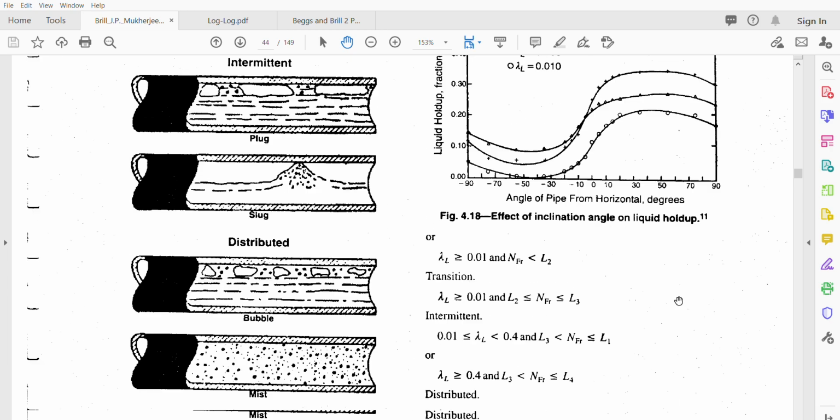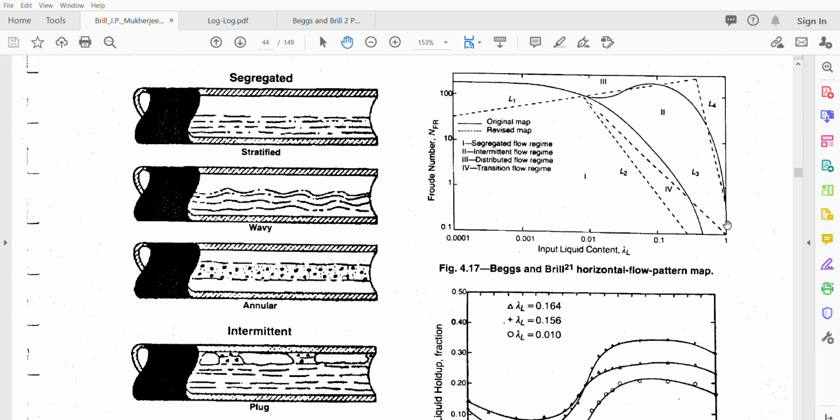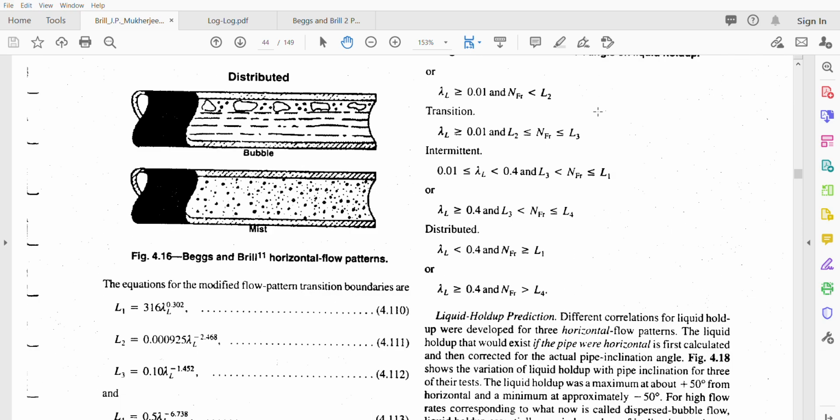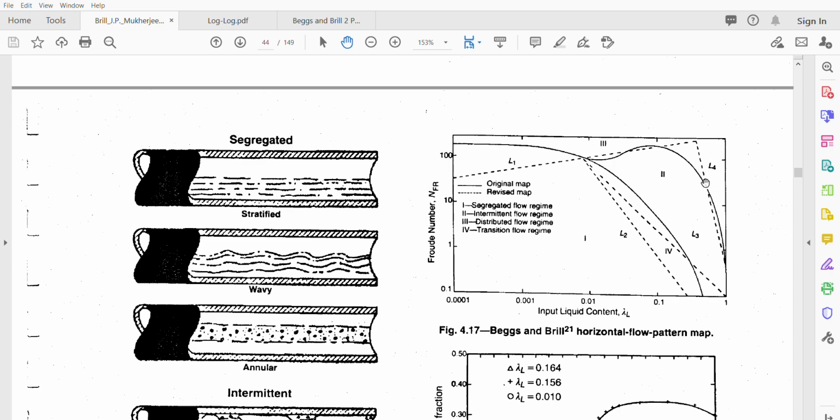The first one is this area, and the second one is this area. So lambda L larger than 0.4 is between L3 and L4. If it's lower than 0.4, it is between L1 and L3, and larger than 0.4, it is between L3 and L4.